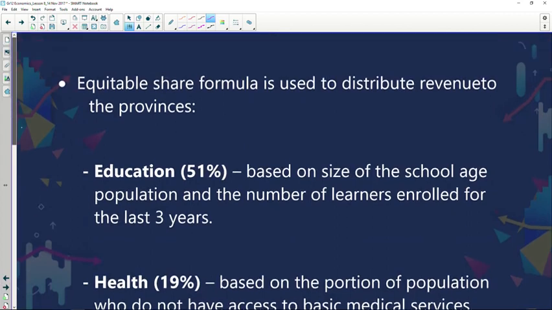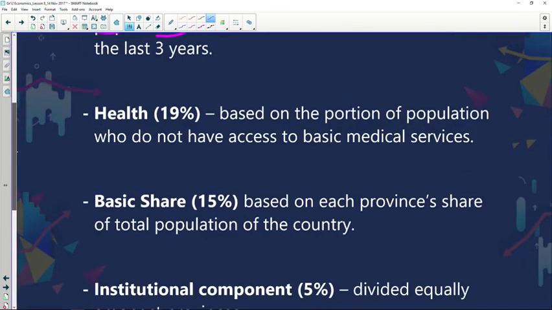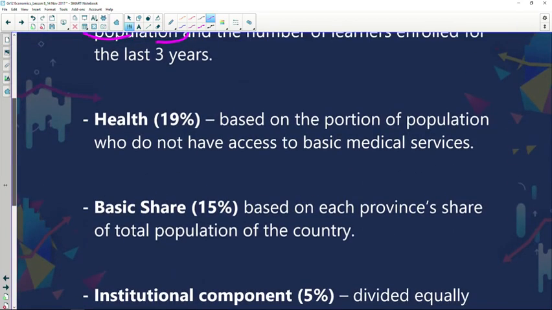financial year. Right, so what is the equitable share formula used to distribute revenue to provinces? Education, 51%, based on the size of the school age population and the number of learners enrolled for the last 3 years. I did speak of the size of the province and also the population. They would consider that when they are allocating the budget.